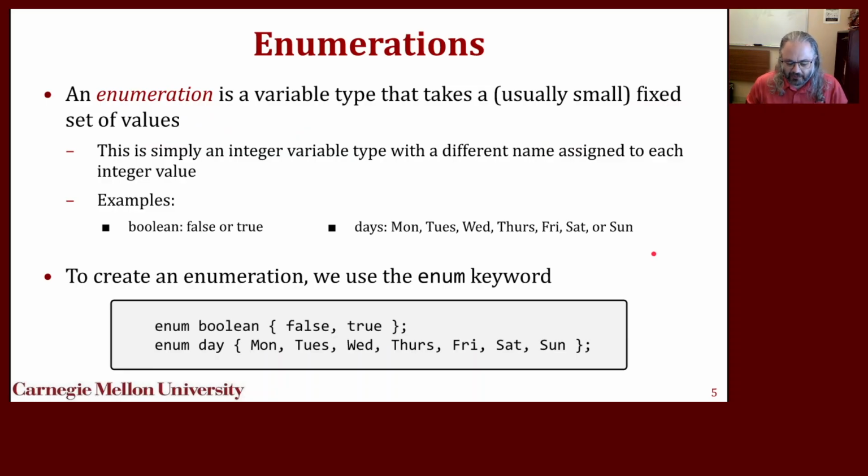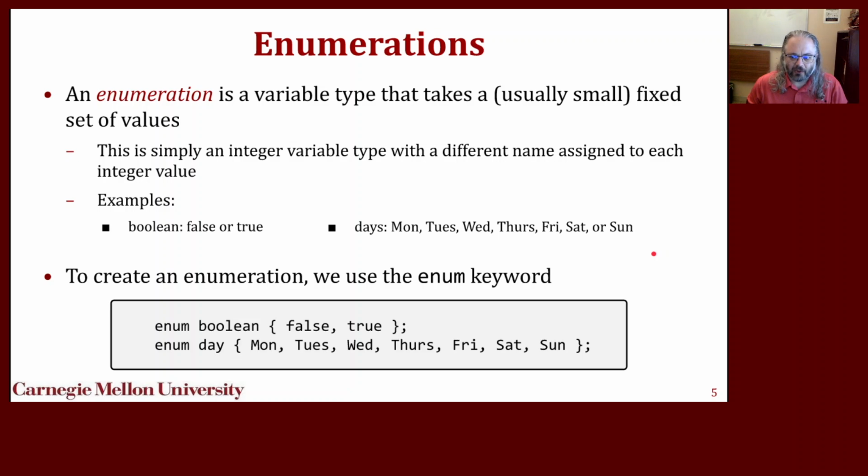One of the ways of creating custom variable types in C is to create what's called an enumeration. An enumeration essentially is a special case of an integer variable type that usually takes a very small fixed set of values.